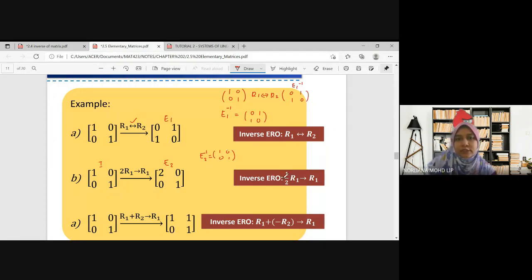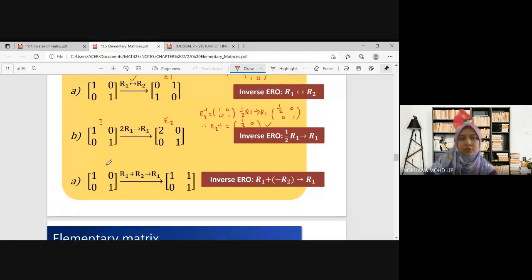Dia akan gunakan operation ni 1/2 row 1 transform into row 1. So akan dapat 1/2, 0, 0, 1. Therefore, itu akan dapat itu inverse. Inilah 1/2, 0, 0, 1.